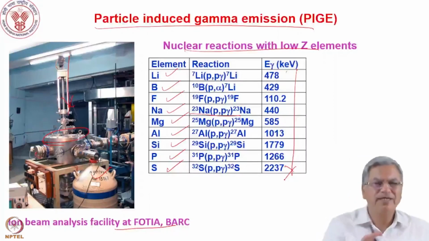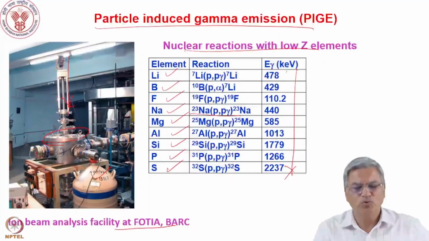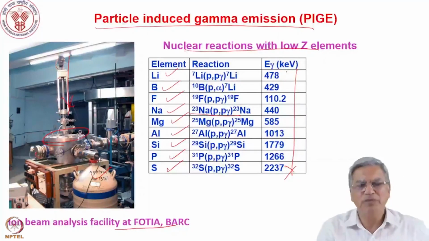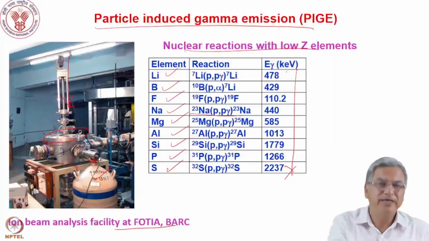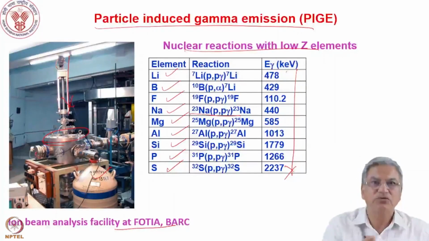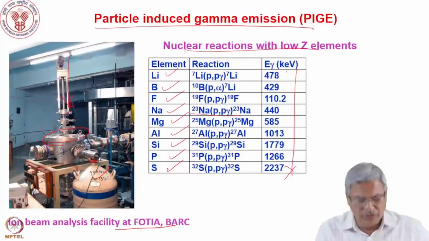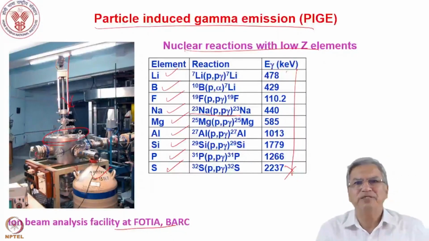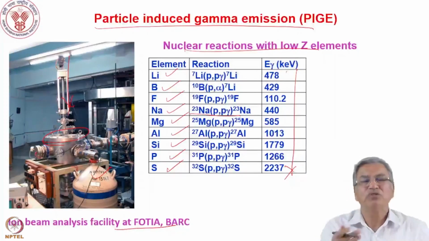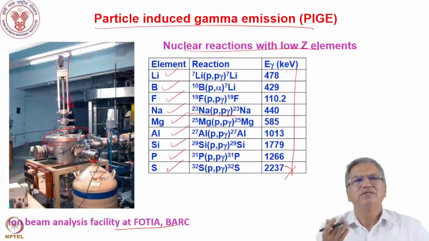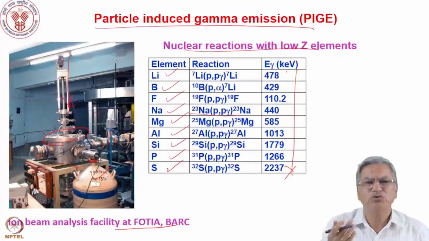So if you irradiate a sample with a proton beam of the order of 2 MeV and detect the gamma ray emitted by these reactions using a germanium detector, you can determine the concentration of the elements present in a target material.